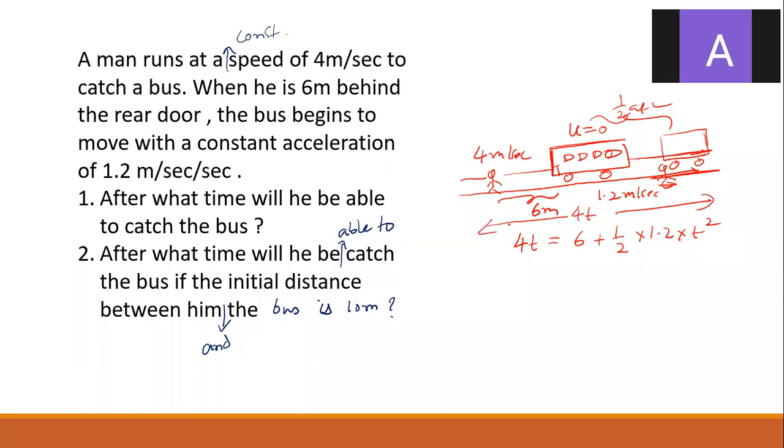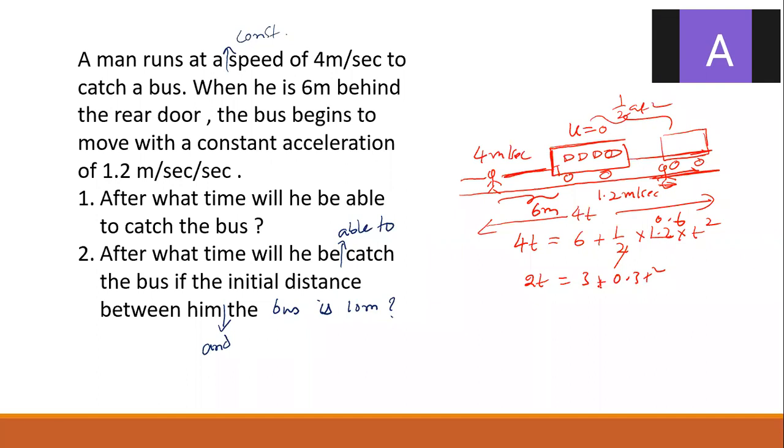So this 4t should be equal to what? This initial distance 6 plus half at square. So this is 0.6 t square. So you're getting a quadratic equation again, right? Tell me, 4t equals 6 plus 0.6 t square.